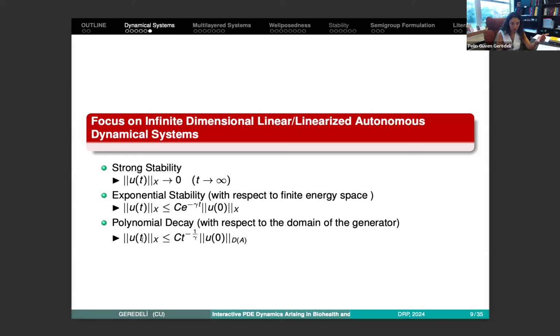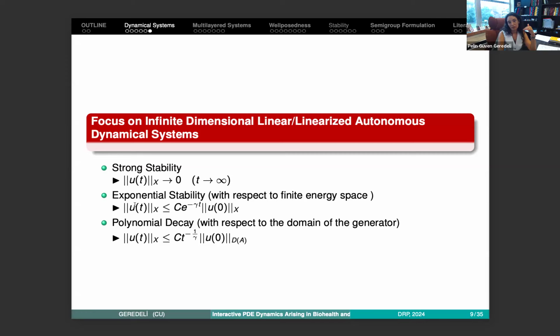There is strong stability, which means asymptotic decay, once you prove the wellposedness, that there exists a solution. If you are dealing with strong stability, essentially you are trying to prove that the solution to your PDE system is going to zero when time is going to infinity. So at large time, your solution is just decaying to the 0 point. This is strong stability or asymptotic decay. Or you might see exponential stability, where your solution is still going to 0, but at an exponential rate.